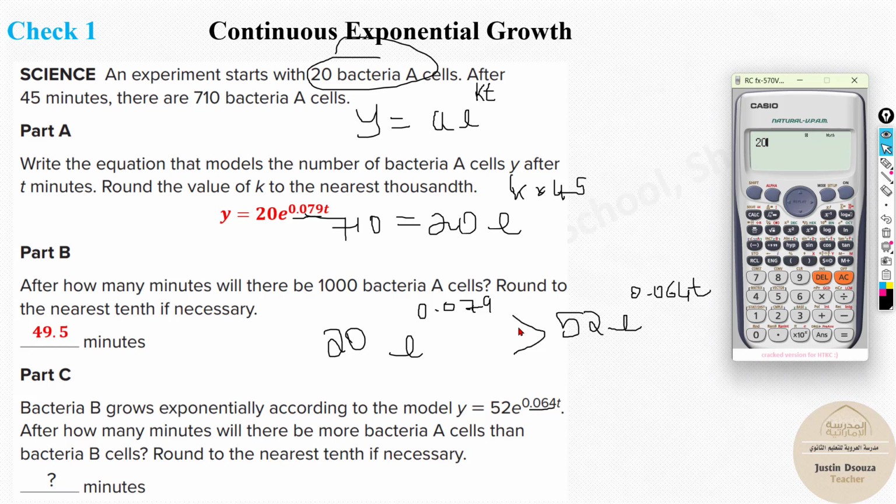Okay, now there's a problem. Sometimes in the calculator you won't be able to solve inequality problems, though you put equal to. Let's just try it out. Equal to 52e^0.064t, and now t is unknown over here, and even over here t is unknown.